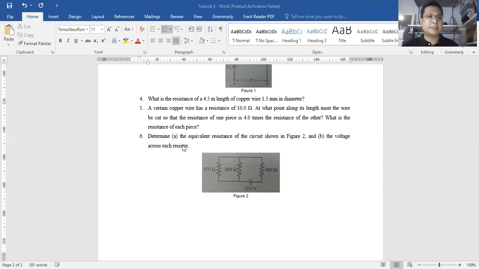For number 6, it is also almost similar to number 3, but the circuit will consider series only in this part, the left side. But when we come to this one, it is considered parallel. So there are only two different types here.